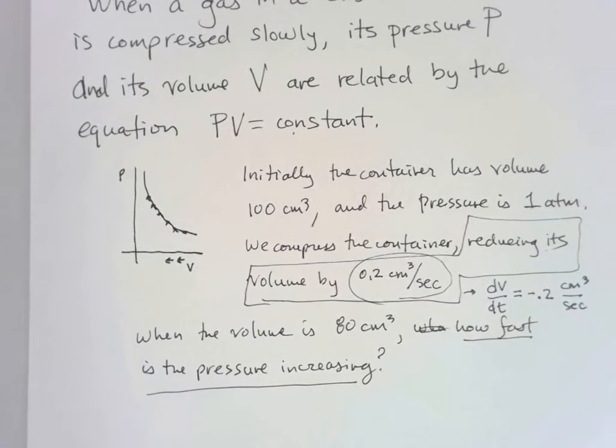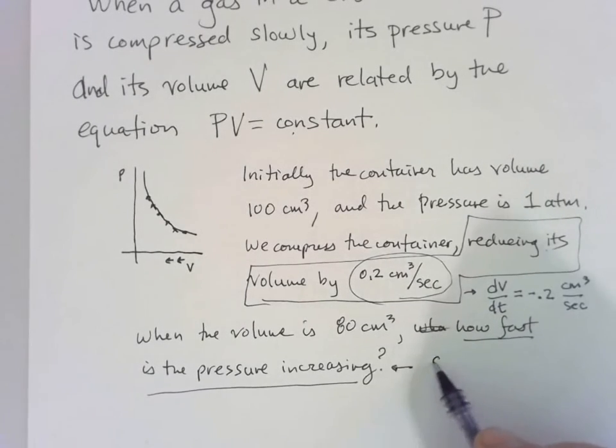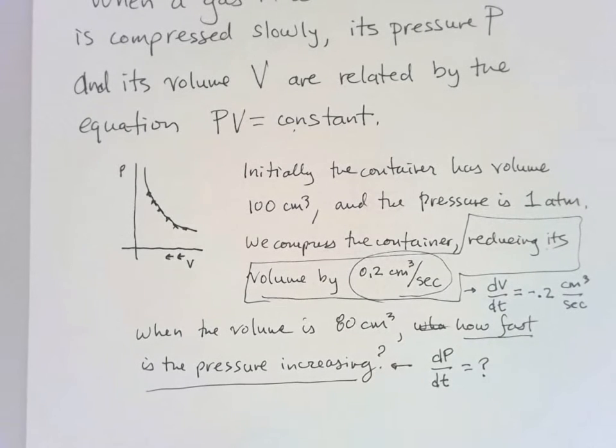And then we have an unknown rate that we're trying to figure out. How fast is the pressure increasing? This is the rate of change of pressure. What is dP/dt? This is why these are called related rates problems. We have a known rate, dV/dt, and we want to figure out an unknown rate, dP/dt. Some other problems may have more than one known rate.